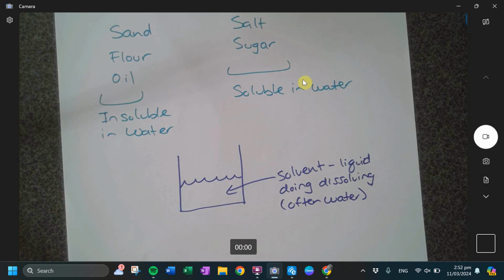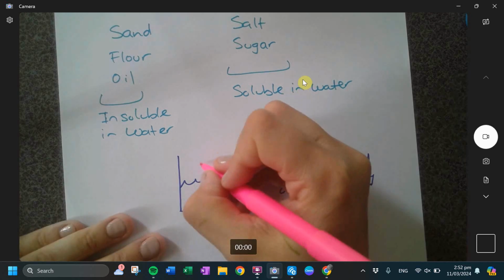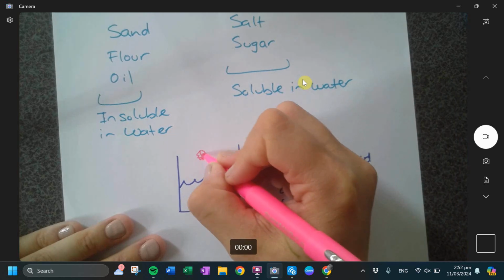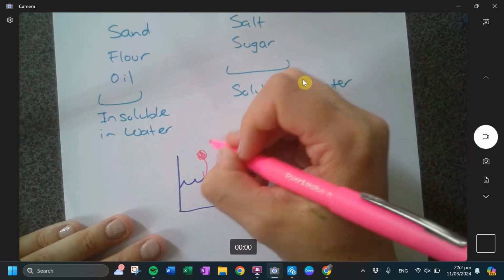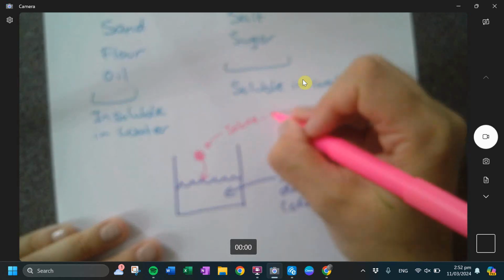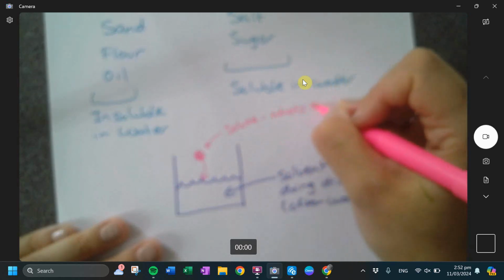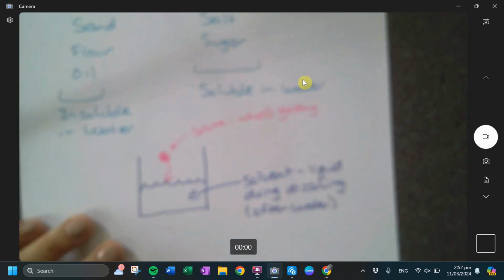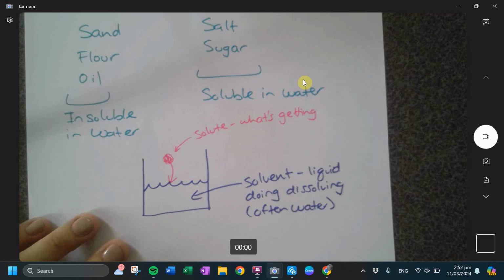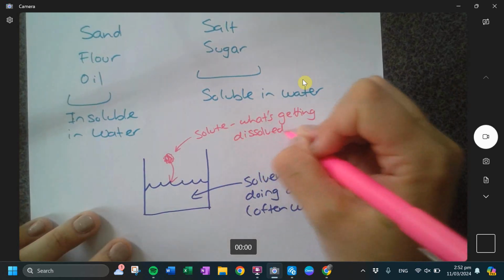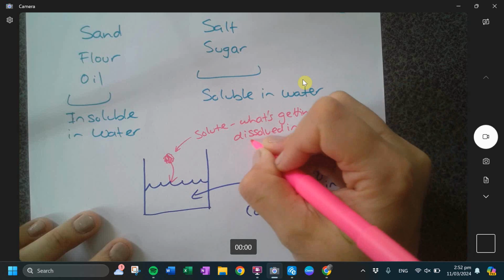And then what we are mixing inside it is going to be the solute. What's getting dissolved in the solvent?